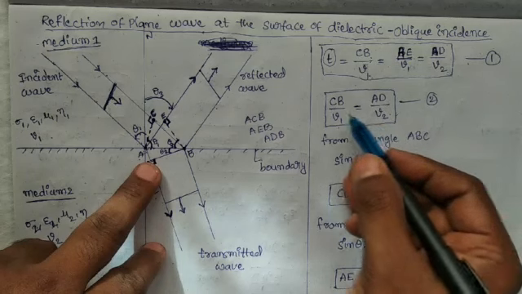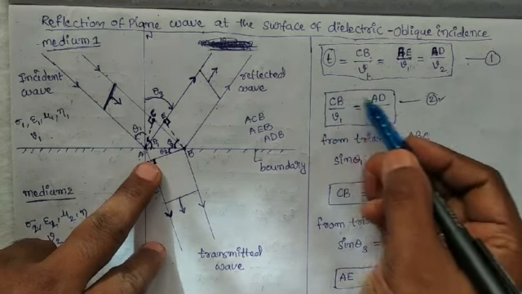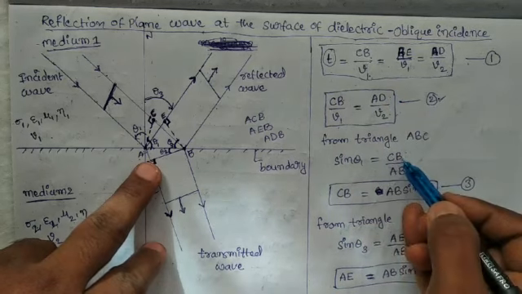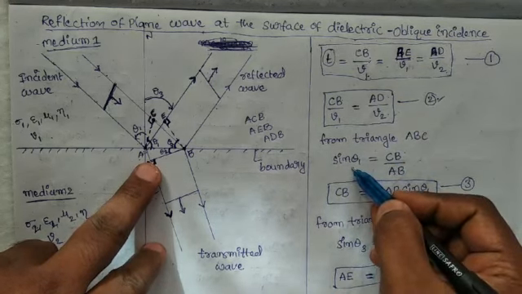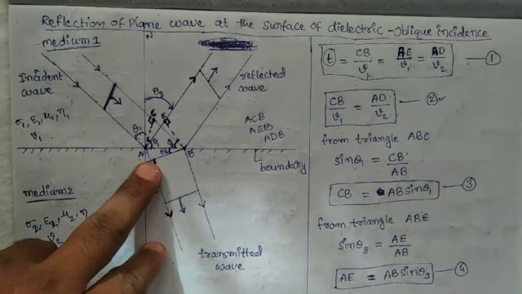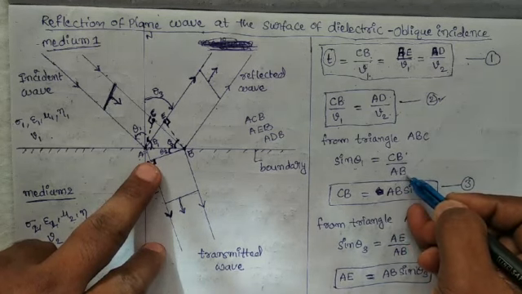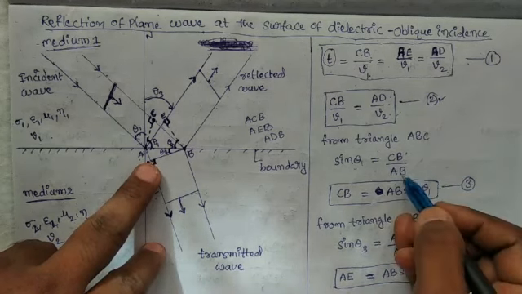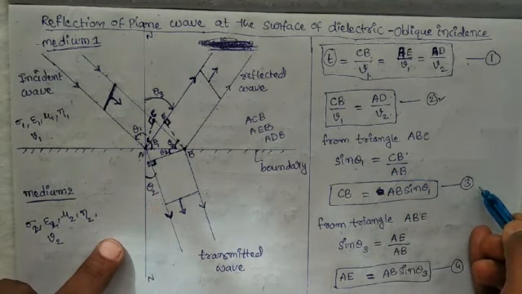From this we are calculating CB and AD for this equation. Sin θ1 is equal to CB by AB, so CB is equal to AB sin θ1. I am taking this as equation 3.